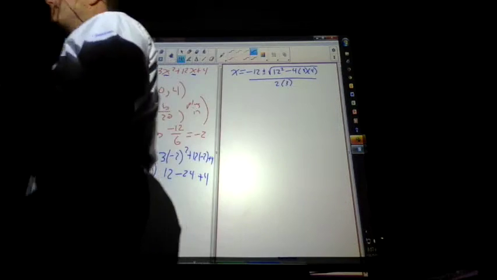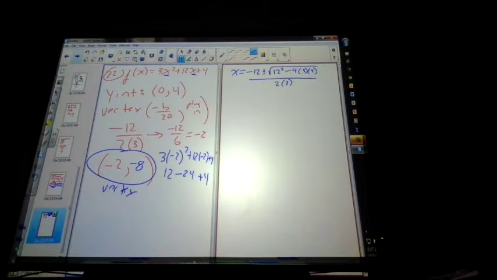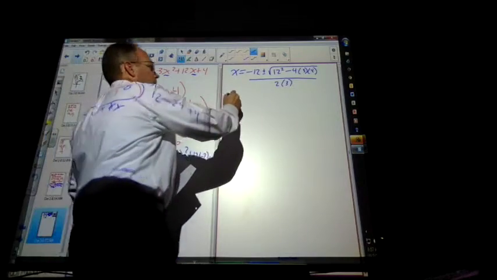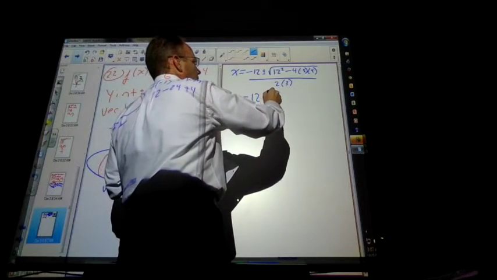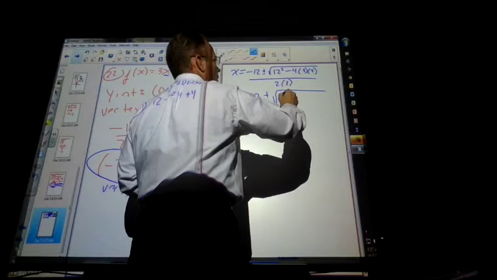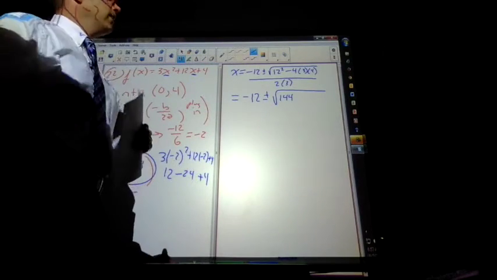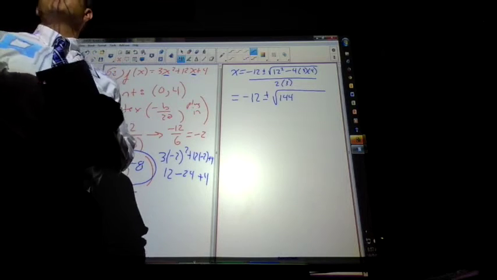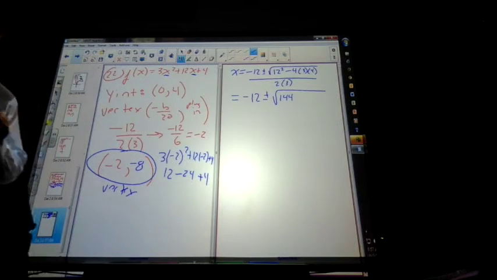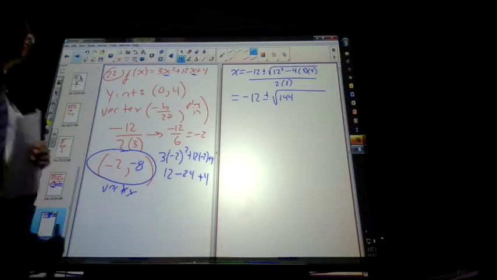You agree with that? Did I put it up right? Let's do the arithmetic. Negative 12 is hanging out as is for right now. 12 squared is 144. Negative 4 times 3 is negative 12. Negative 12 times 4 is how much? Negative 48.